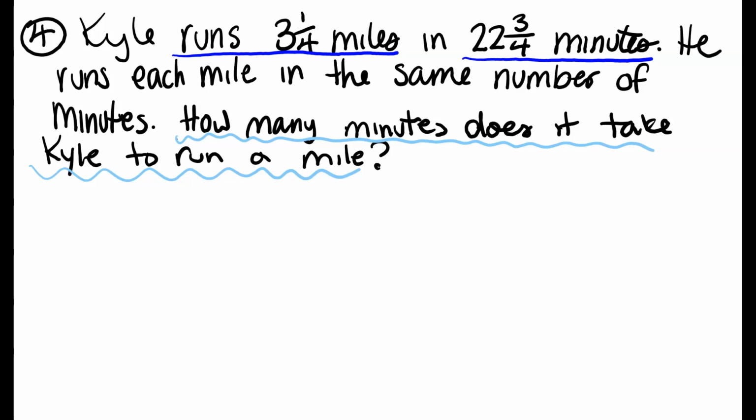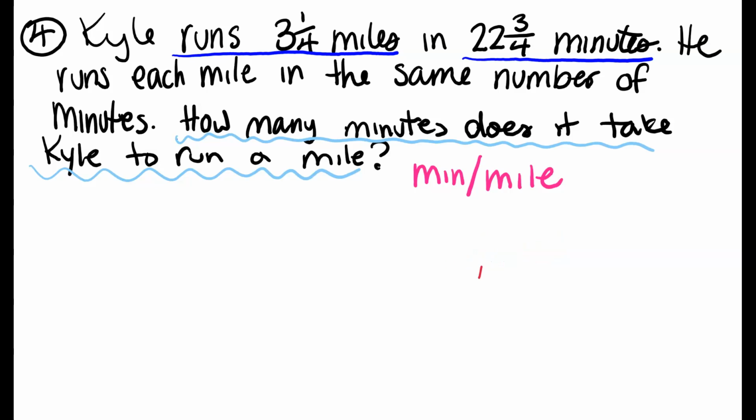I know while I'm writing this, I'm going to have to find out minutes per mile to find out how many minutes equals 1 mile. And I know this line here is a fancy way of saying divide. So this is going to be a division problem.